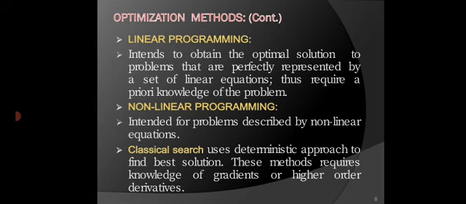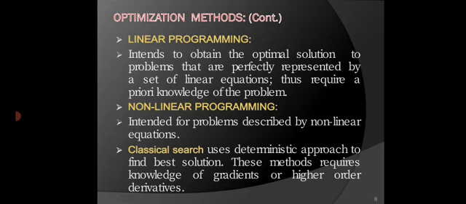Let's see a brief discussion about the optimization methods. Linear programming is intended to obtain the optimal solution to problems that are preferably represented by a set of linear equations, means all the optimization functions in terms of linear equations.